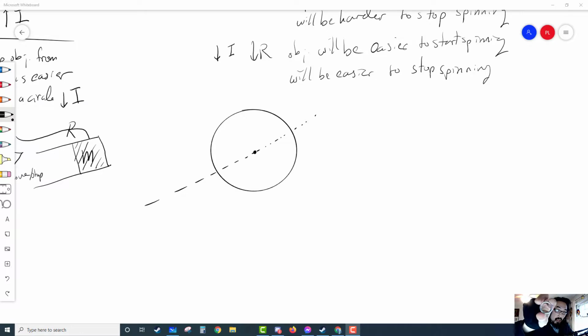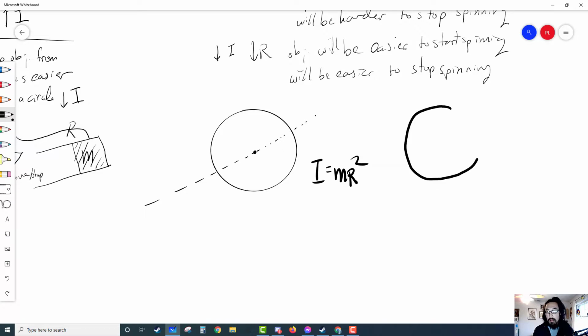This is the rotation, compared to a rotation like this, which is a different kind of rotation. We're focusing on a rotation that looks like this. If we rotate the ring in that fashion, the equation would be I is equal to mr squared.